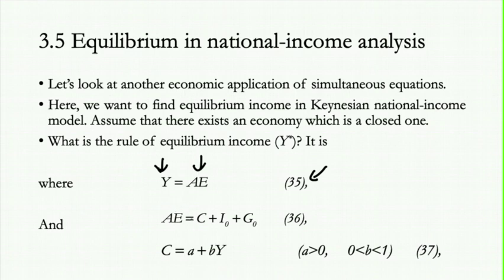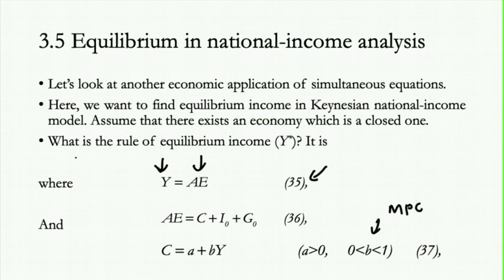And whatever is spent comprises consumption C, investment I, and also government expenditure G. Specifically, consumption is given by C = A + BY, such that A must be positive and B must be greater than 0 and less than 1. A in economic study is autonomous consumption, and B is the marginal propensity to consume.